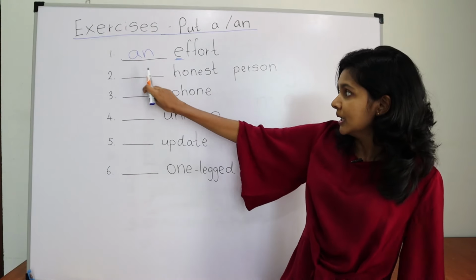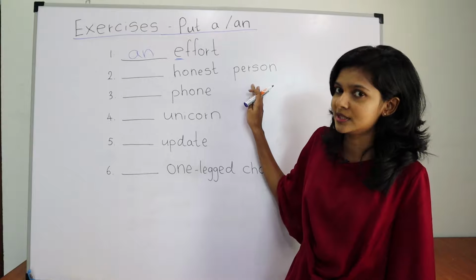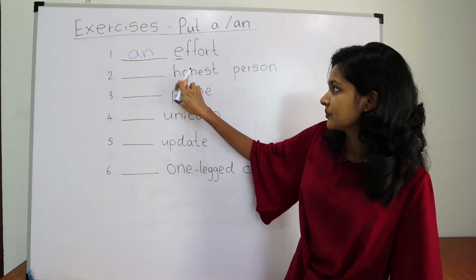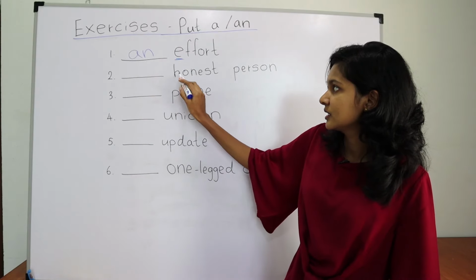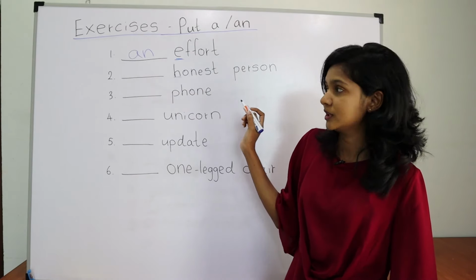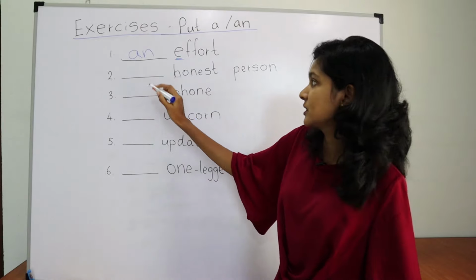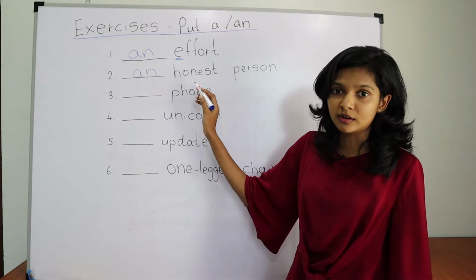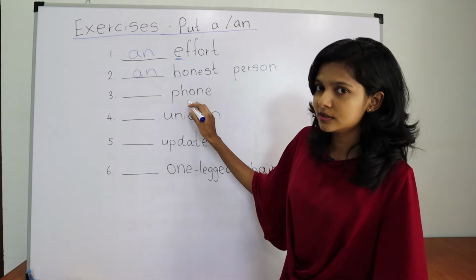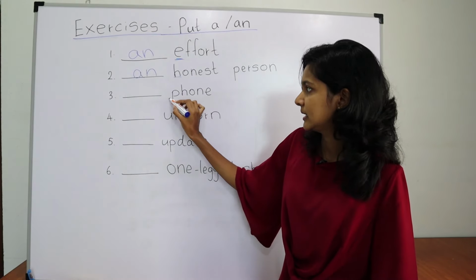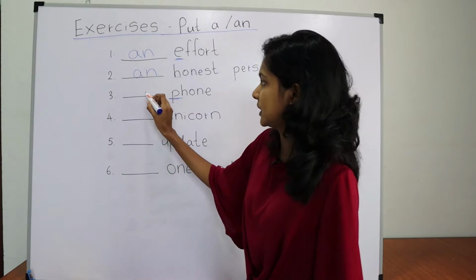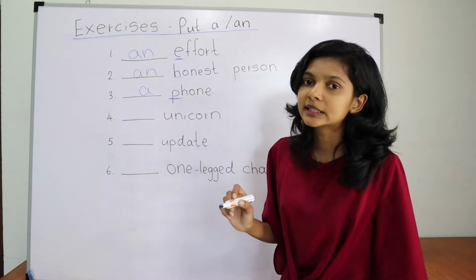Number 2, blank honest person. Here, as I told you earlier, this H is silent in this word, so we have to say an honest person. An honest person. Number 3, blank fawn. This word, there's no problem, you can clearly see this is a consonant F, so you have to say a fawn.